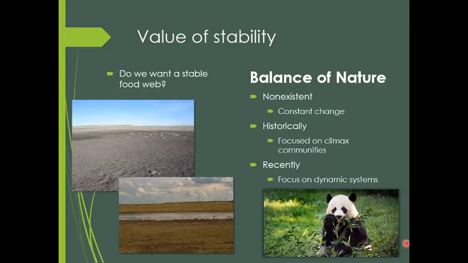So I don't want to just say stability is pointless, like we shouldn't care about a stable food web. There are certain times where food web stability is extremely important.